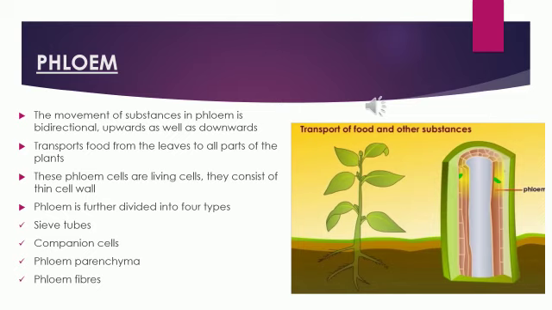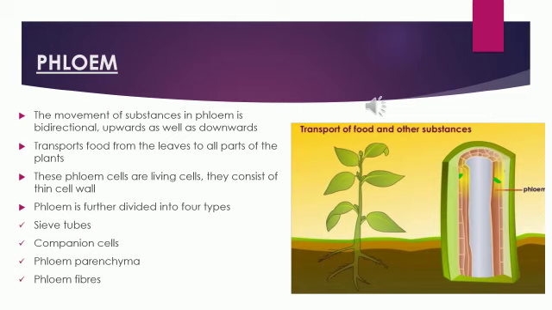And this food has to be transported to all parts of the plant. How is it possible? It is possible because of the presence of phloem. It transports food from leaves to all parts of the plant. These phloem cells are living cells. They consist of thin cell wall.